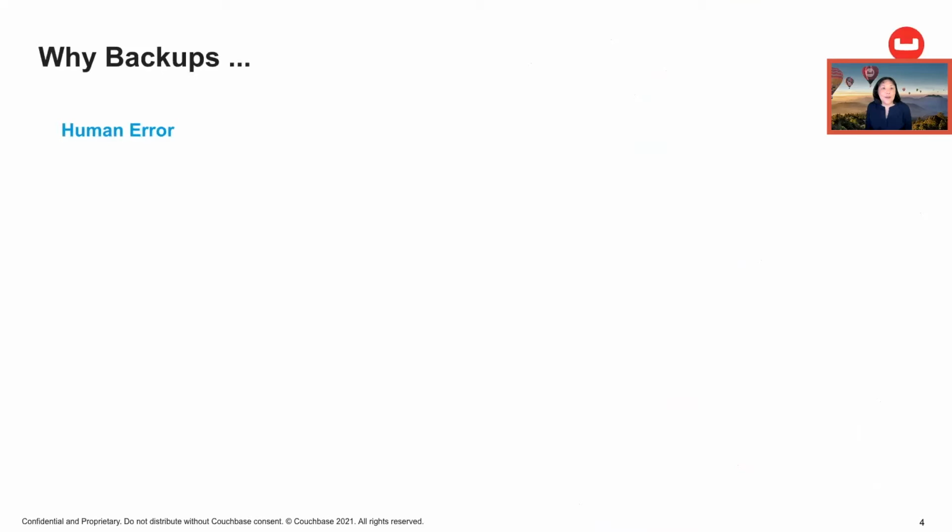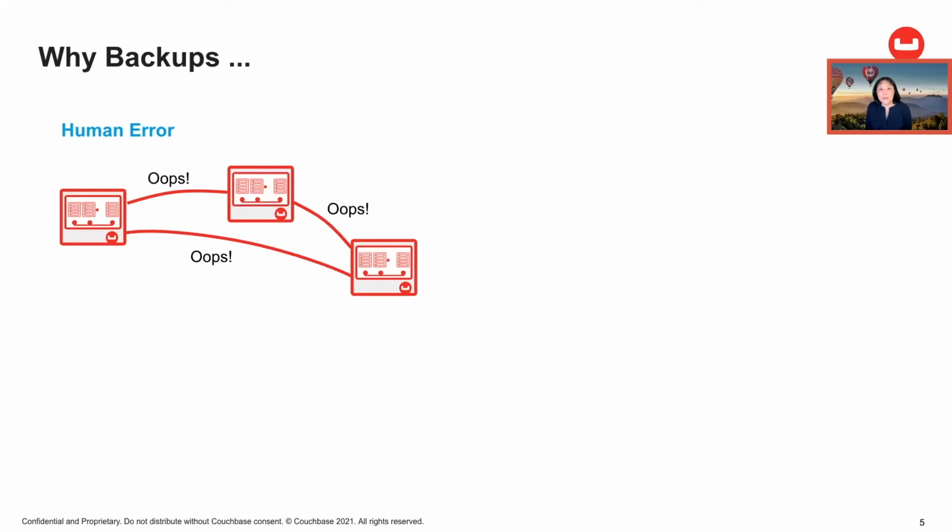Let's begin with a quick reminder about why backups are important. There's a lot to think about in disaster recovery nowadays, and one of them is that mistakes happen. For example, even if you use replication to replicate your data to multiple clusters, if a person were to accidentally delete data, that deletion will be replicated to all the other clusters.